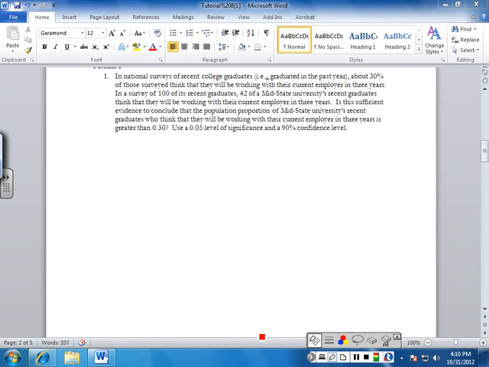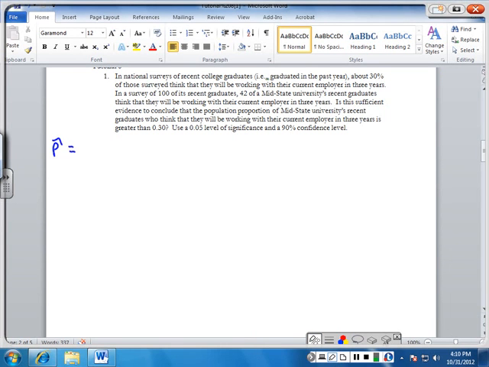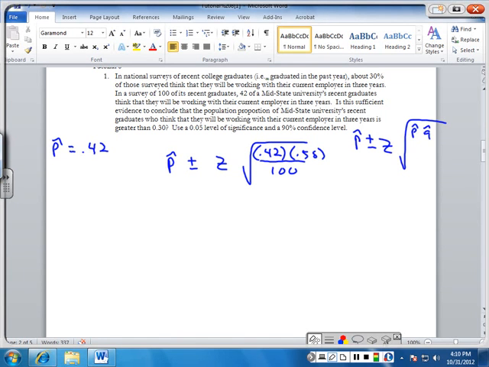Okay, now for the confidence interval. Remember we had p hat equal to 0.42. So we're going to have the statistic plus or minus confidence coefficient times standard error, now using 0.42, and 1 minus that, or 0.58, divided by 100. Sorry. The formula would have been p hat plus or minus z times the square root of p hat q hat over n.